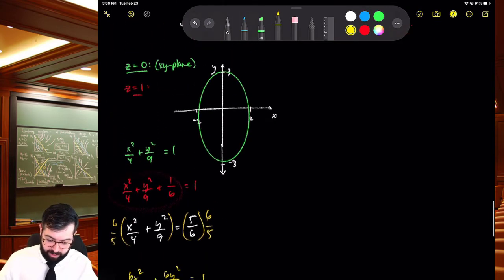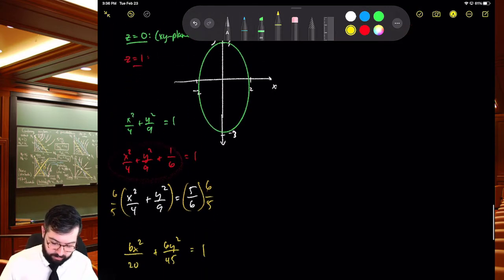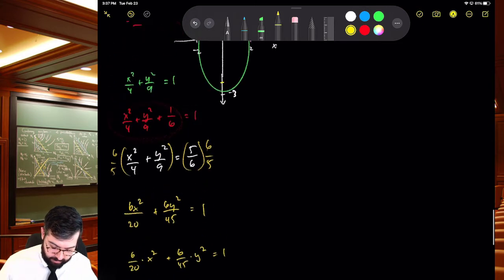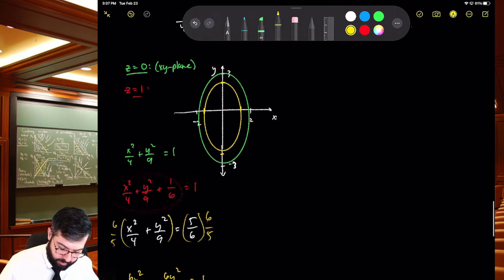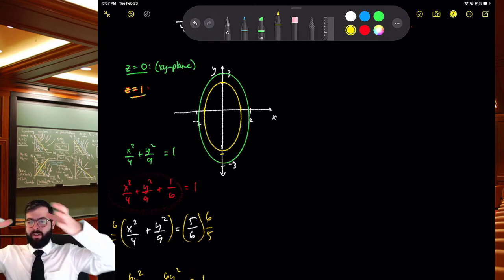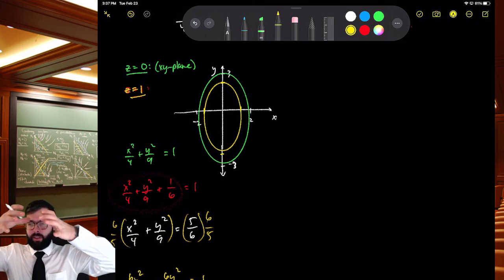So back on the graph, it's a little bit higher. So when z equals 1, coming up to 2.74, negative 2.74, and then 1.86, negative 1.86. So we get another ellipse. But when z equals 1, it's a little bit higher and a tighter ellipse.